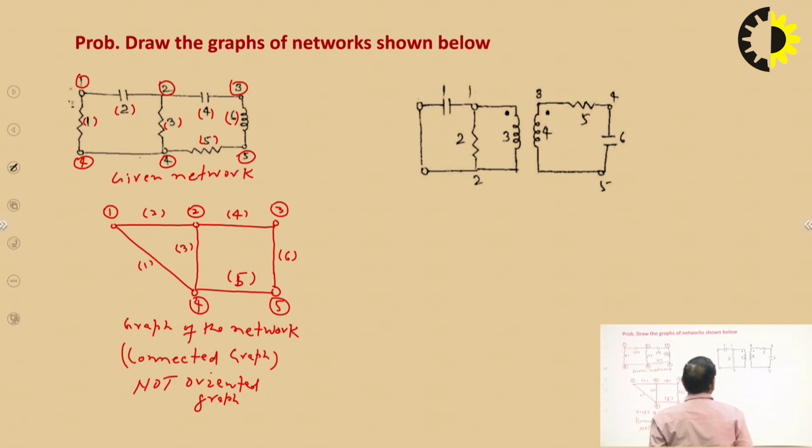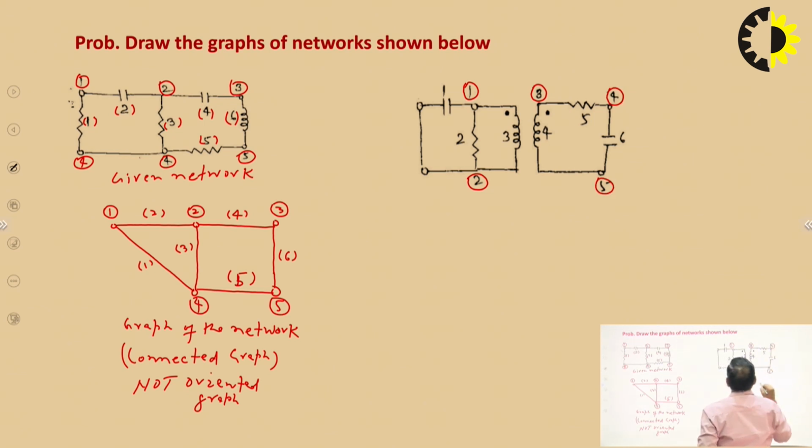Look at this network. This is node 1, this is node 2, this is node 3, this is node 4, and this is node 5. And the branches are branch number 1, 2, 3, 4, 5, and 6.